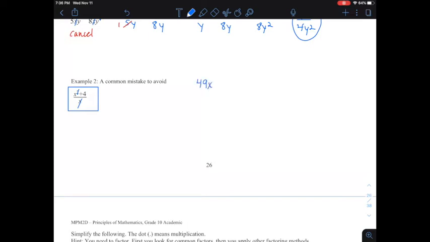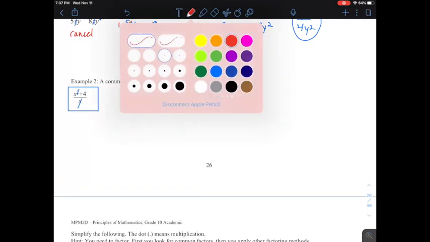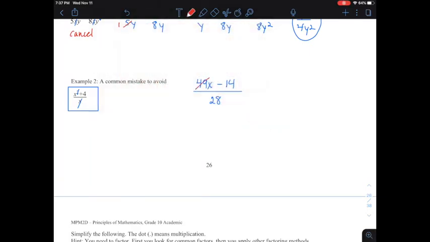Let's say I have 49x minus 14 all divided by 28. What I can recognize here is that I can reduce this because all three of these things are divisible by 7.